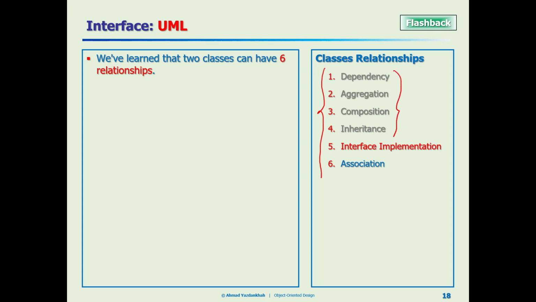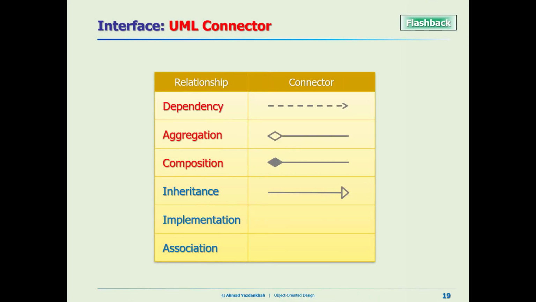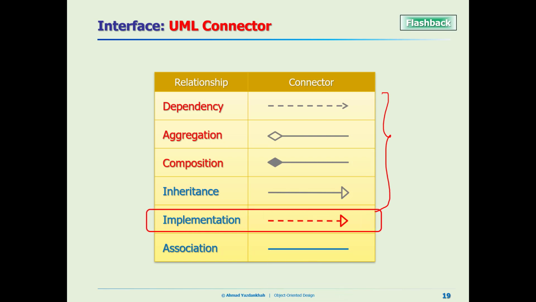We already covered the first 4, and now it's time to talk about the interface implementation relationship. Okay, so we learned that every relationship has its own connector, and these are the connectors we have learned. So for the implementation, we will have this one. It looks like the inheritance, you see, inheritance, but it is a solid line. This one is a dashed line.